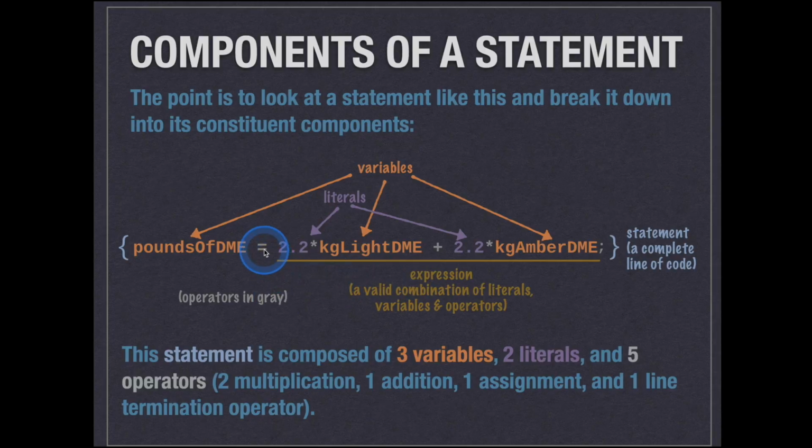But you can see the operators are the equal sign, which is the assignment operator. I've got an asterisk, which is multiplication. I've got the plus, which is addition. And I've got the second asterisk, which is multiplication. Sorry, and I've got the semicolon at the end, which terminates the statement.